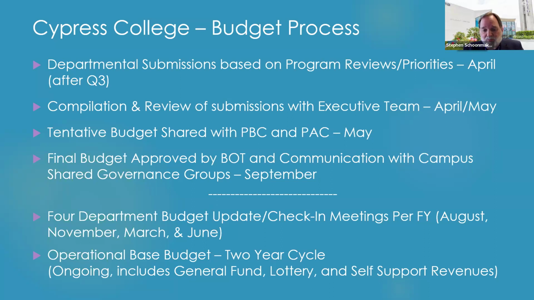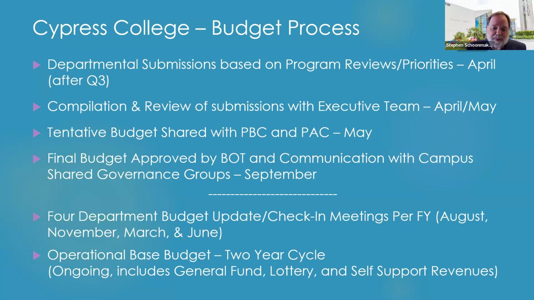And then we get our tentative budget, the kind of placeholder budget that Cashew referred to earlier, and then build that into the final budget that's approved in September. We have regular check-in meetings with budget managers and their budget personnel.